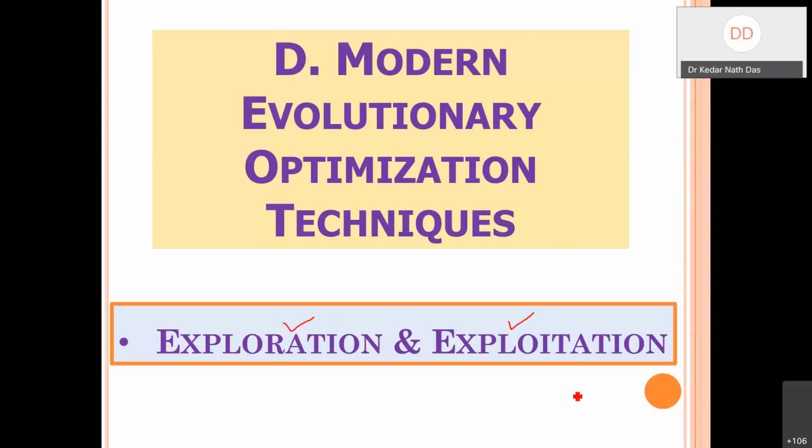In exploitation, if you are near the solution but unable to catch hold of it, you have to exploit that part locally, which is called a hill climbing process. You can climb up or go down according to the maximization or minimization problem respectively. Keeping a proper balance between exploitation and exploration is the key idea of designing any modern optimization technique.